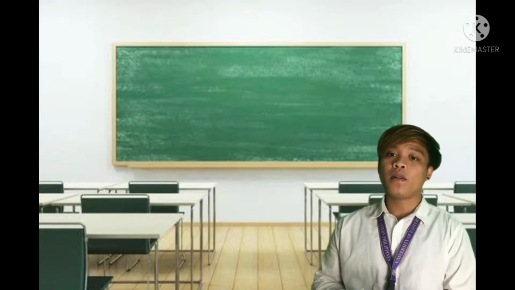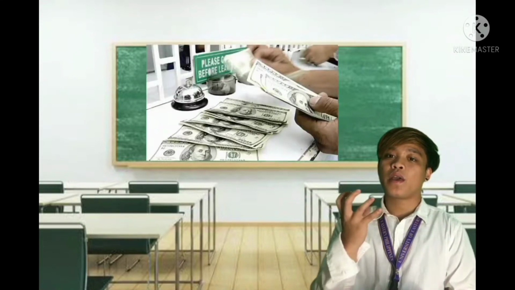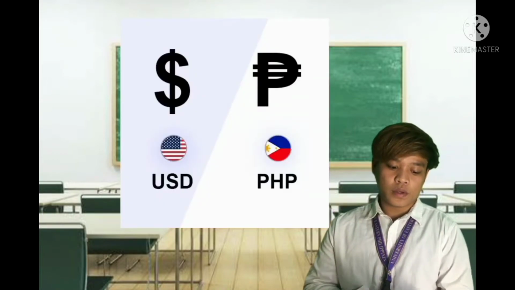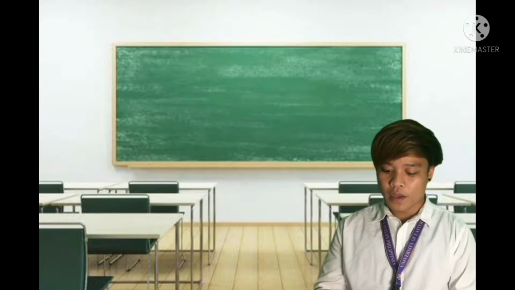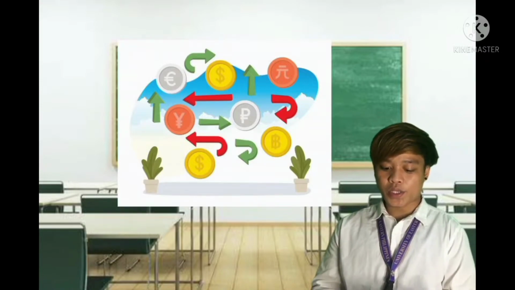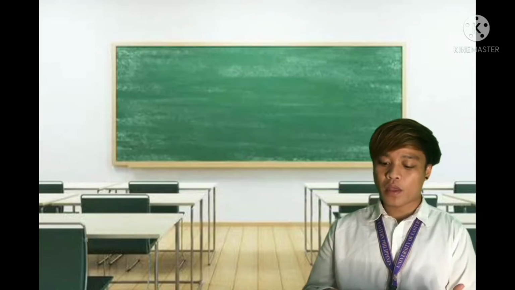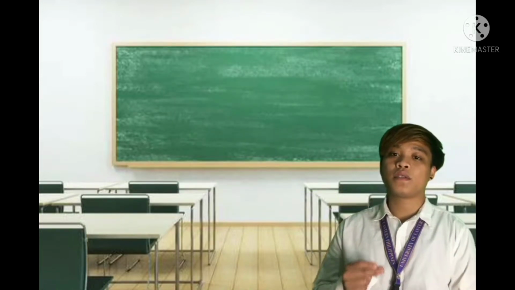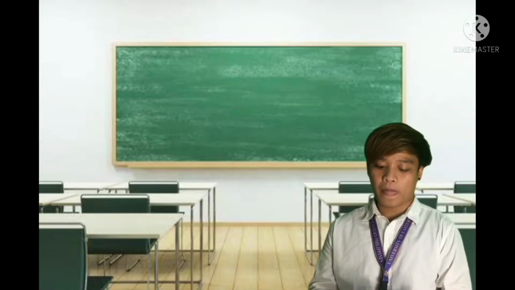For example, you have US dollars and you want to exchange them into Philippine pesos. The purpose of a currency swap is to hedge exposure to exchange rate risk or reduce the cost of borrowing a foreign currency.